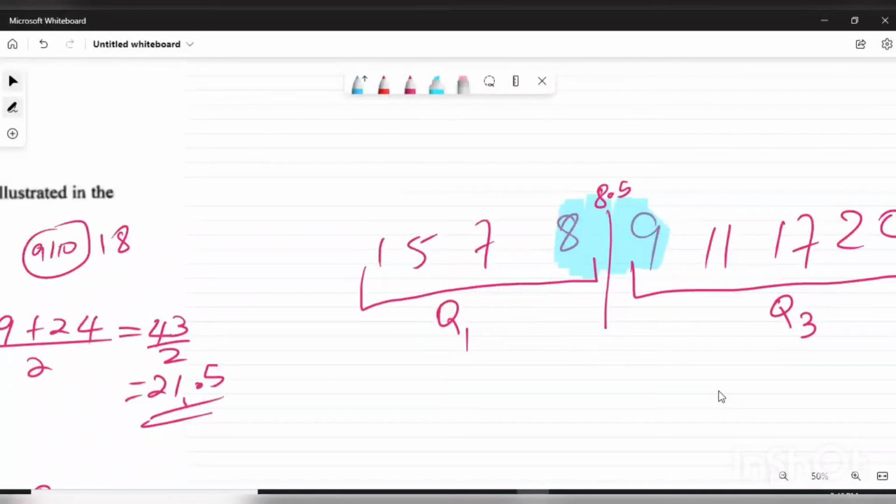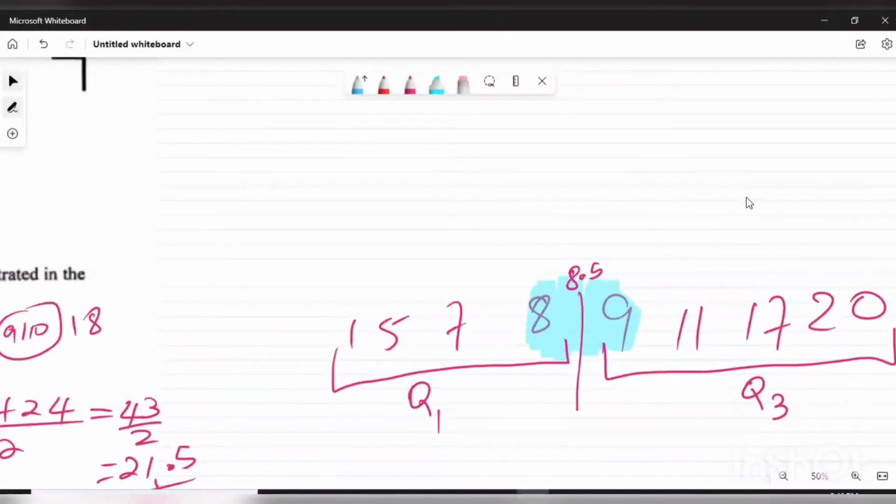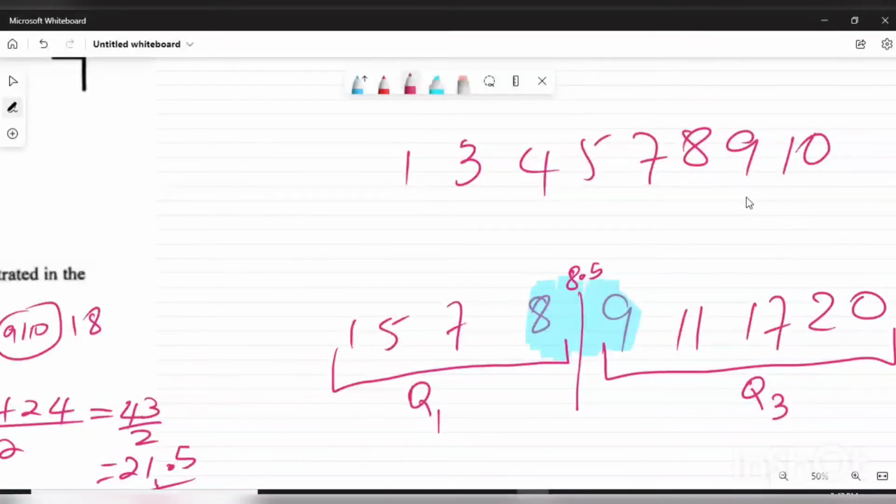All right, let me show you something. Be careful. 1, 3, 4, 5, 7, 8, 9, 10. In this case, the median is 7.